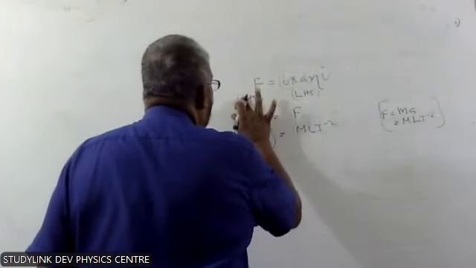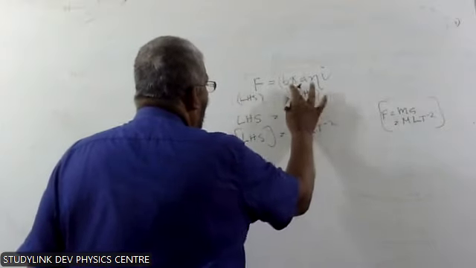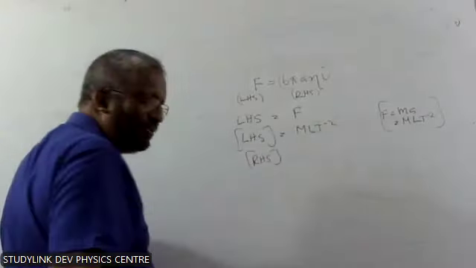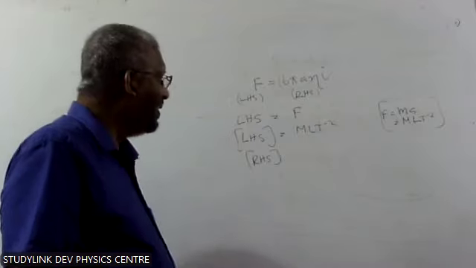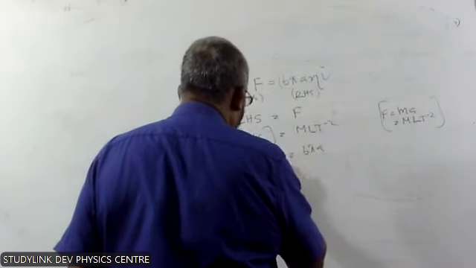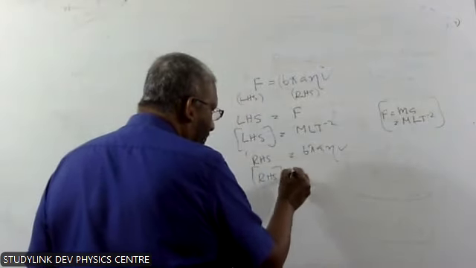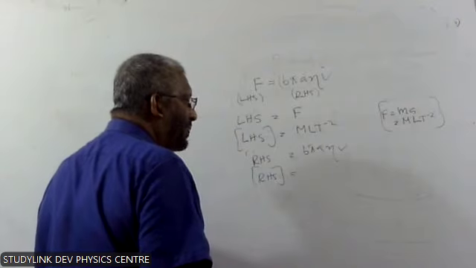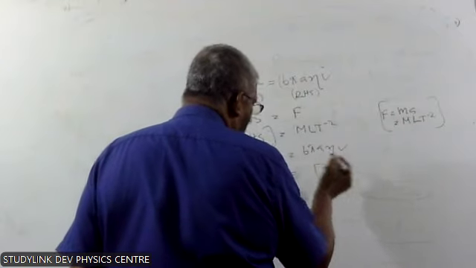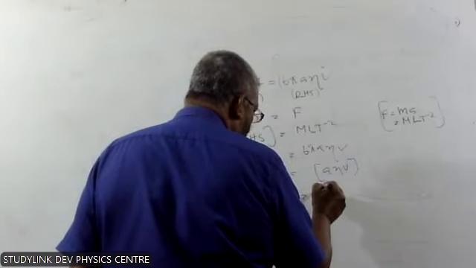I wrote the left hand side first. Then the right hand side, the other side: 6 pi a eta v. Then the right hand side dimension: we can write the dimensions of K, you can ignore, a, eta, v. a is radius, dimension is length.